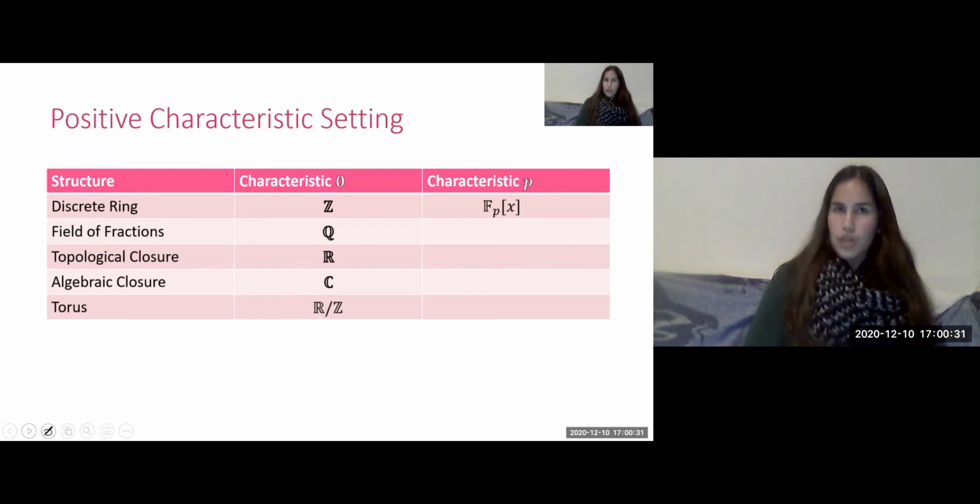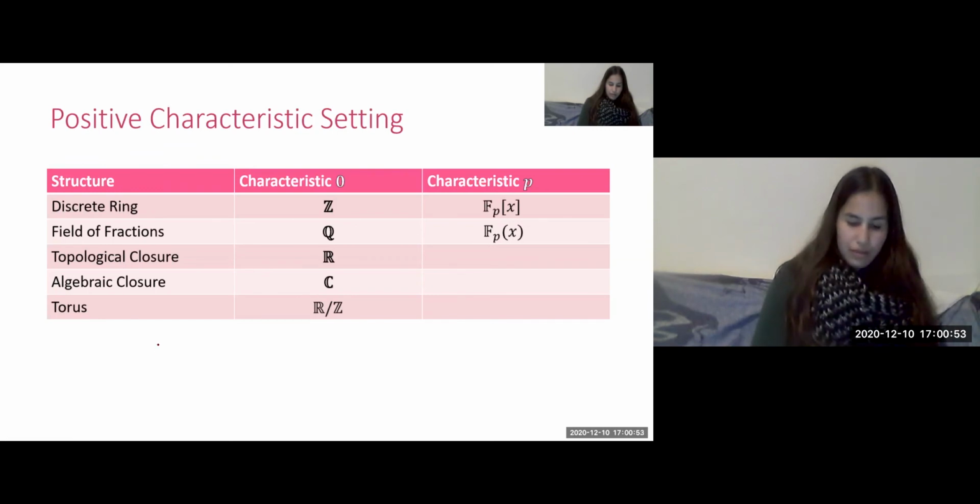Then the field of fractions would be the rational functions with coefficients in the finite field Fp, and we write that as Fp(x), not with brackets, rather with parentheses. And then the topological closure. To talk about the topological closure, we need a metric. So the metric here would be: if we take some function f in, let's say, Fp[x].